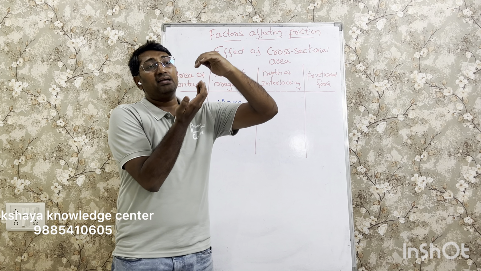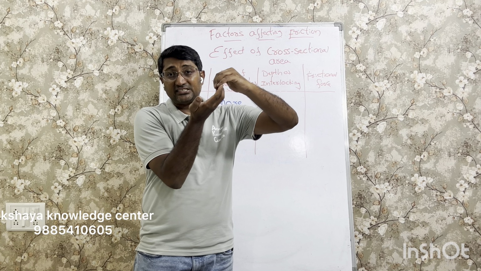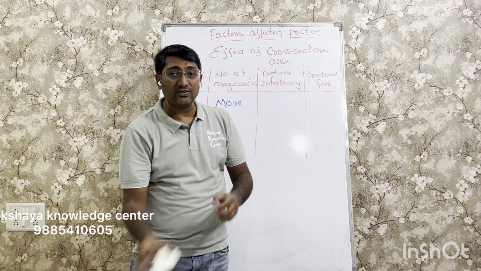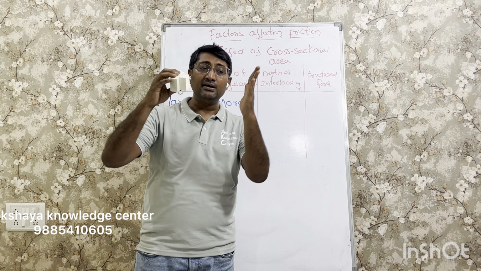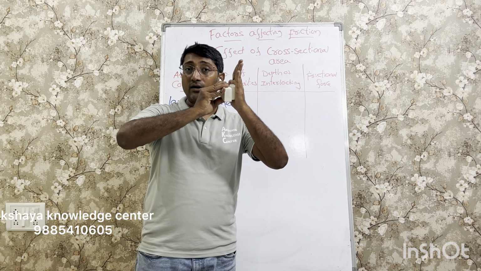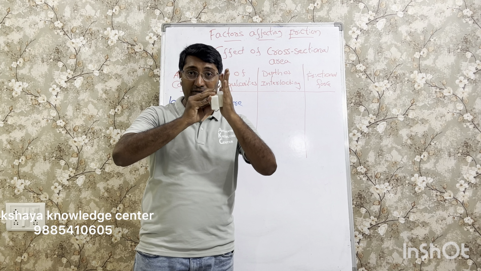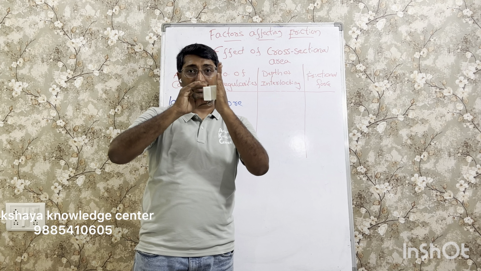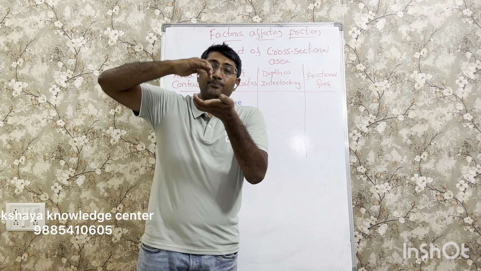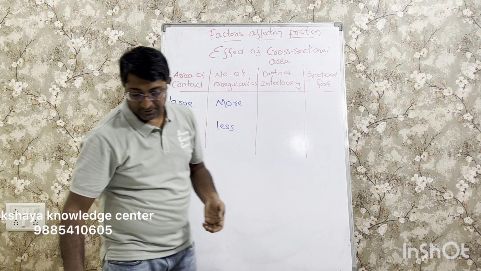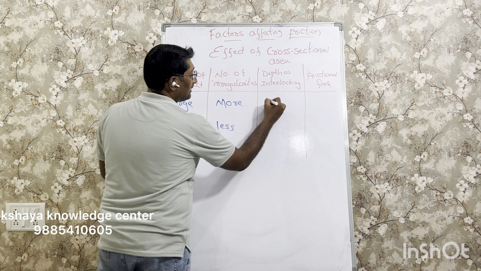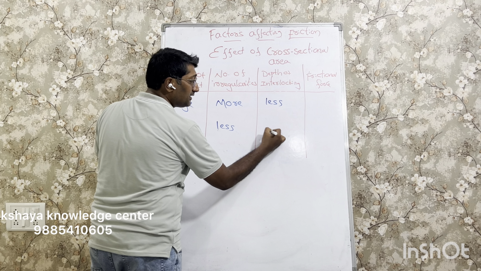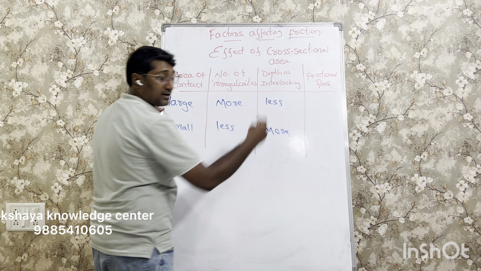That means the interlocking depth will be very shallow or less. Whereas when we use the smaller area, it presses much more hard on the surface due to high pressure. Less area, more pressure. So the depth of interlocking will be deeper. So here we have less depth of interlocking. Here more depth of interlocking.